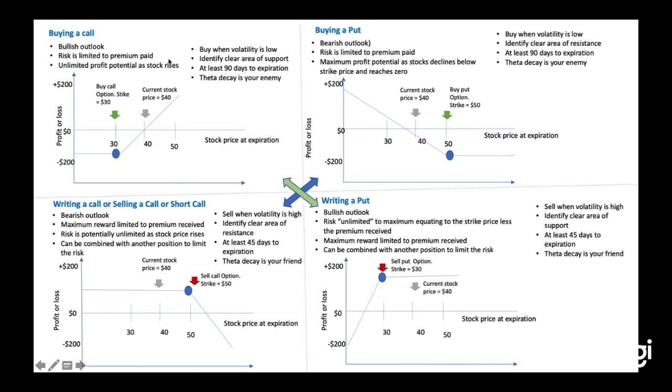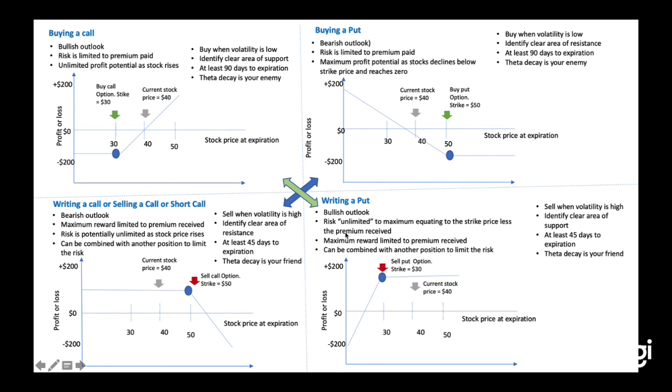And buying a call and writing a put, both are bullish strategies. The main difference is that in writing a put, your profit is limited to the premium that you received, and you have unlimited risk. So unlimited reward in buying a call, unlimited risk in writing a put. That's the main difference.